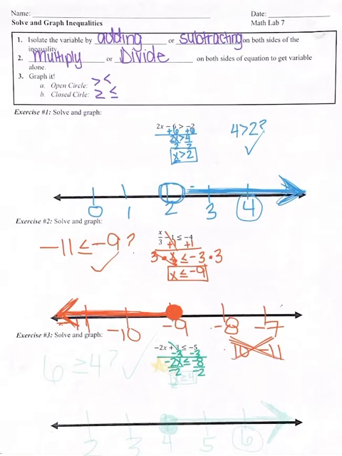I'm going to put a big star here because there's something different we're doing in this example than the other example, and that is dividing or multiplying by a negative. When you multiply or divide by a negative, that totally changes the way the inequality is.